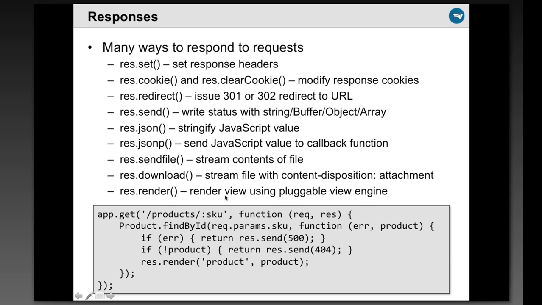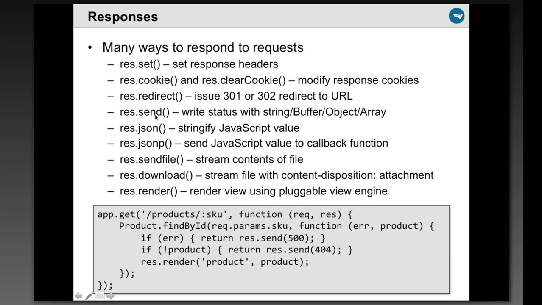So remember, every one of these callback functions gets passed in a request object and a response object. And there's lots of different ways to respond to requests. You can set headers, you can set cookies, you can redirect them to some other URL, passing in the kind of redirect, permanent or temporary, as the first number and the URL as the second argument to this function.